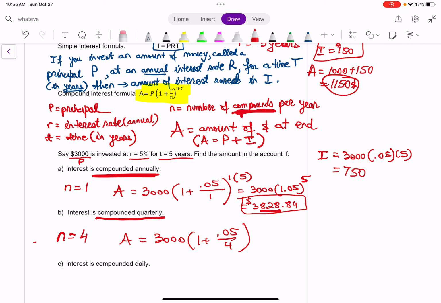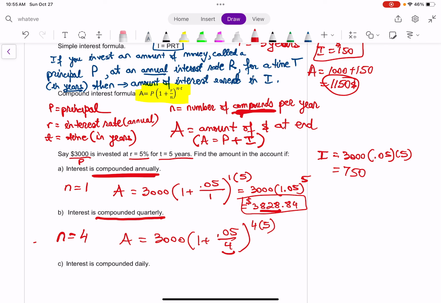You're only going to earn a quarter of that 5%. So after 3 months, you are only given 1.25% in interest. However, the number of times we keep figuring out the interest and adding it to your principal is 4 times as much.